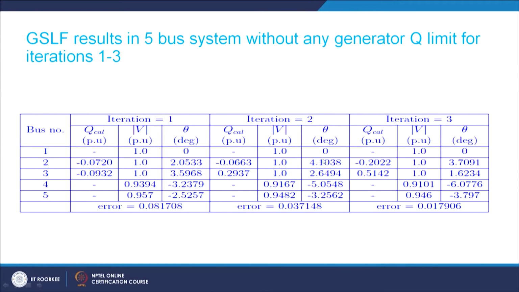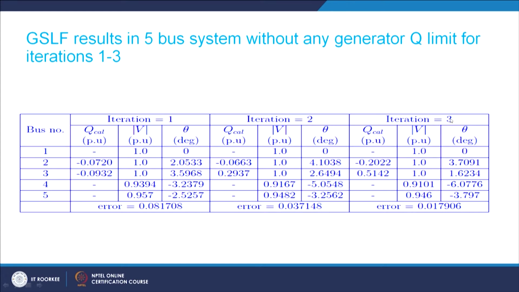Remember, the angles in our algorithm are calculated in radians, but when we report these values, we write them in degrees for convenience of understanding. And bus 4 and bus 5 are the standard load buses, so we simply calculate their voltage magnitude and angle. Then we again calculate the error. This error has reduced, but still is pretty high.